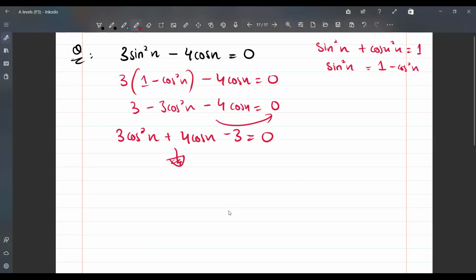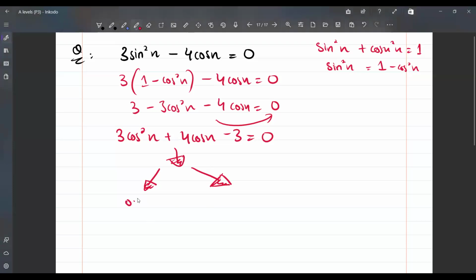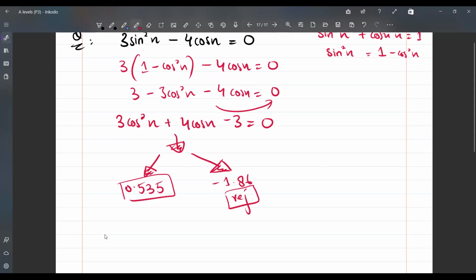So I'm just going to solve it with the help of a calculator, but in the exam, obviously you have to solve it manually. So if we solve this, we get two values, and one value will be rejected, and we will get cos x as 0.535.